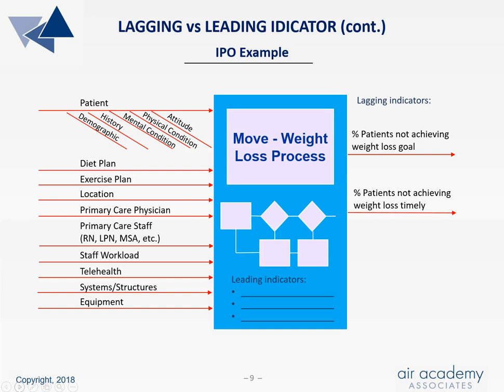Measures such as exercise plan being followed and confirmed weekly, diet plan being followed and confirmed weekly, patient telehealth data updated daily might be good examples of leading indicators that are related to activities undertaken by the staff and that are used to affect the outcome early and regularly throughout the process.